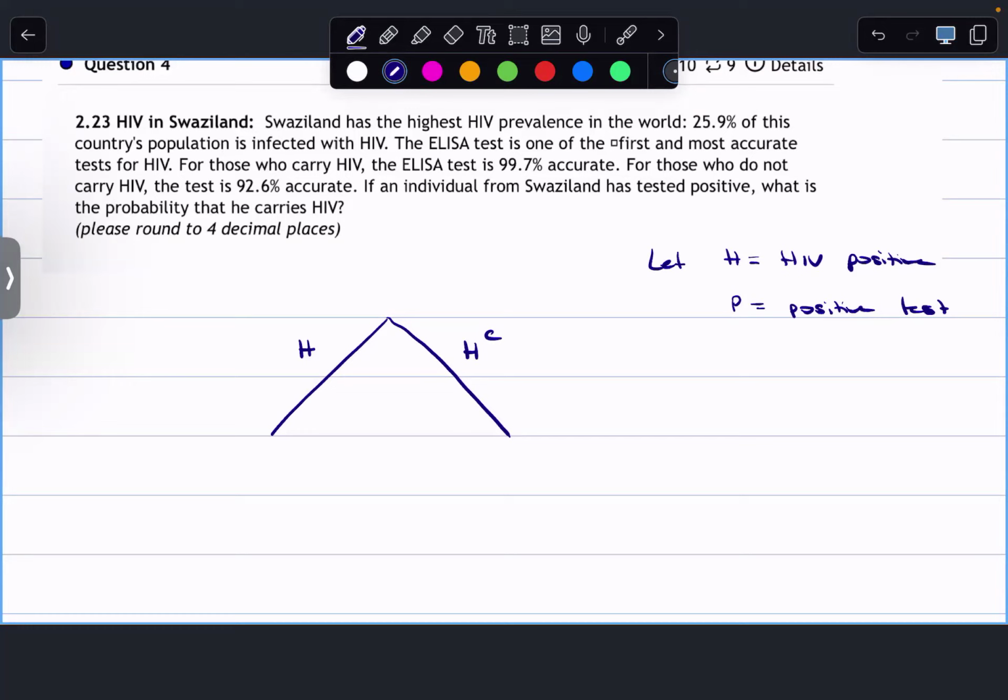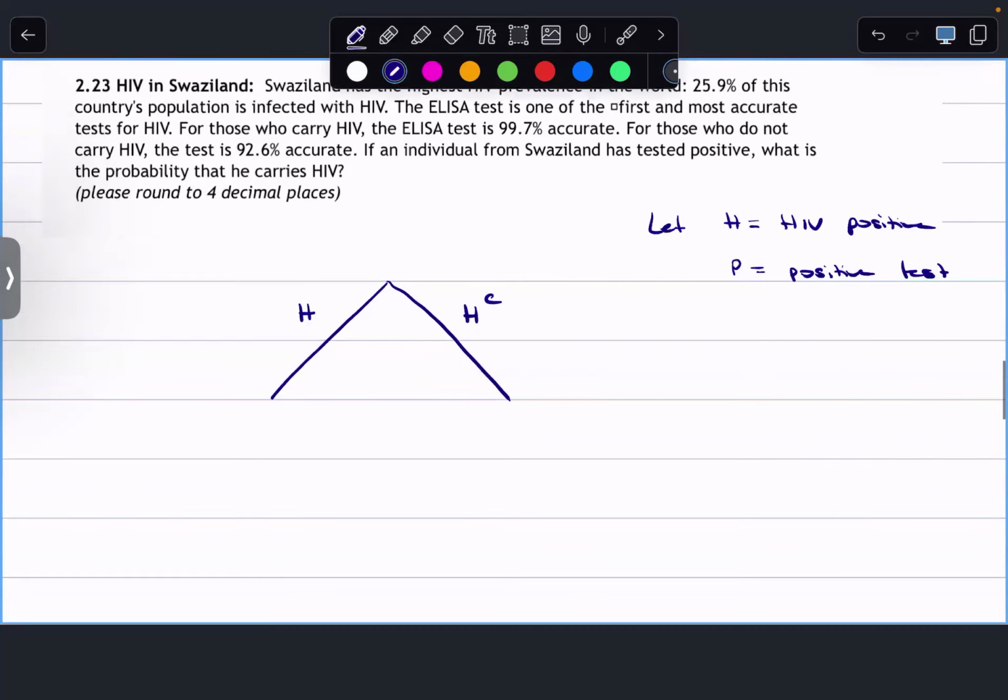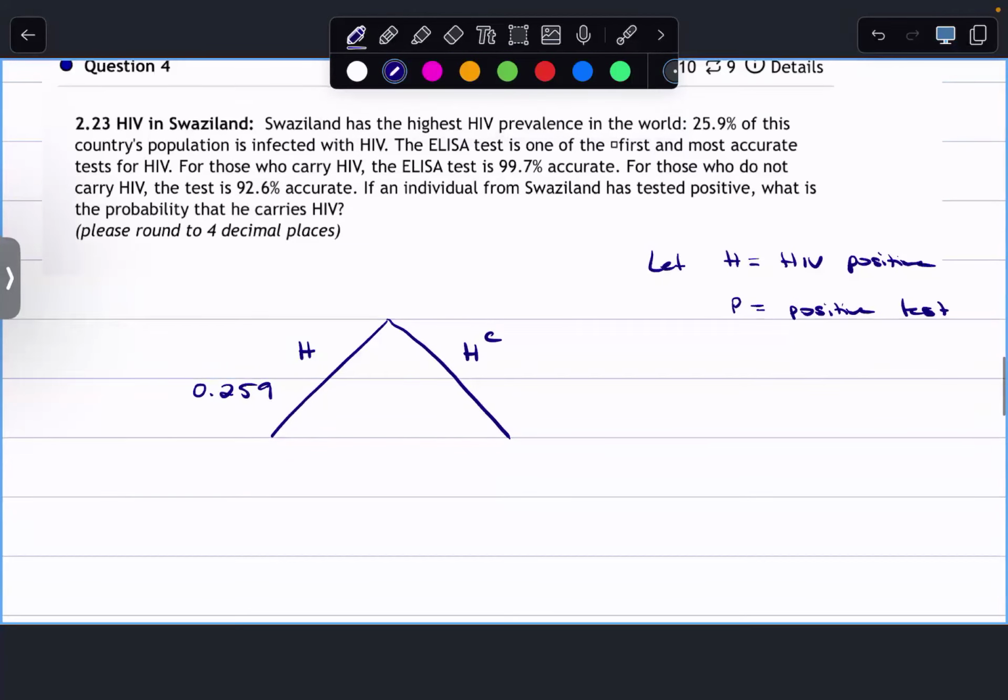It's easier if we boil it down to the proportion right away. So we're given 0.259. It's the probability of having HIV, which means that the probability of not is 1 minus 0.259, which is 0.741.